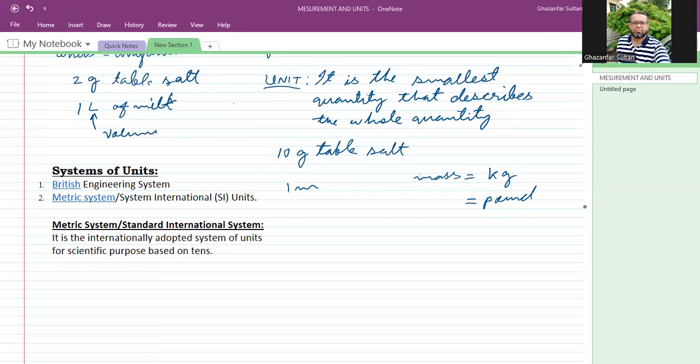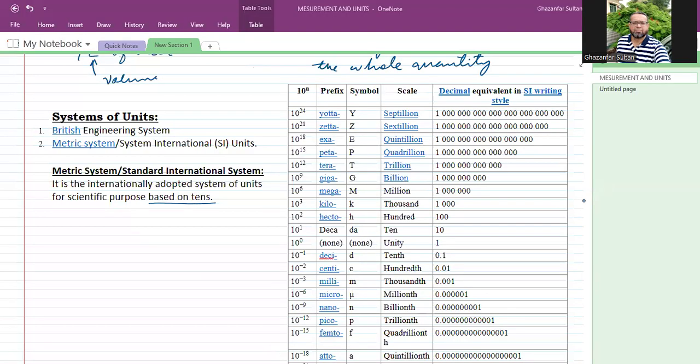The metric system is the internationally adopted system of units for scientific purposes, based on tens. What does it mean? Wherever we use the prefix, for example, in milligram, milli means 10 raised to power minus 3.